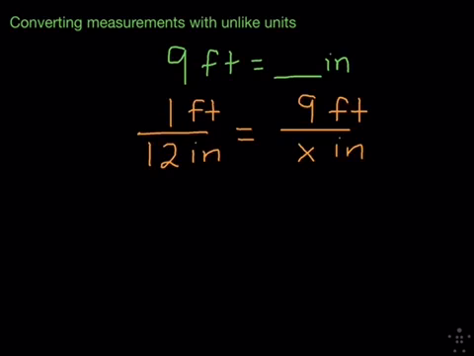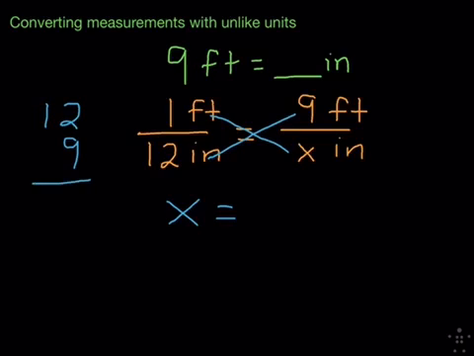So I multiply, forgetting the labels, the 12 and the 9, and the 1 and the x. When I multiply 1 times x, I just get another 1x, or we can simply say x. When I multiply 12 and 9, if I don't know that off the top of my head, I can come off to the side and write 12 times 9 and do it the good old-fashioned way.